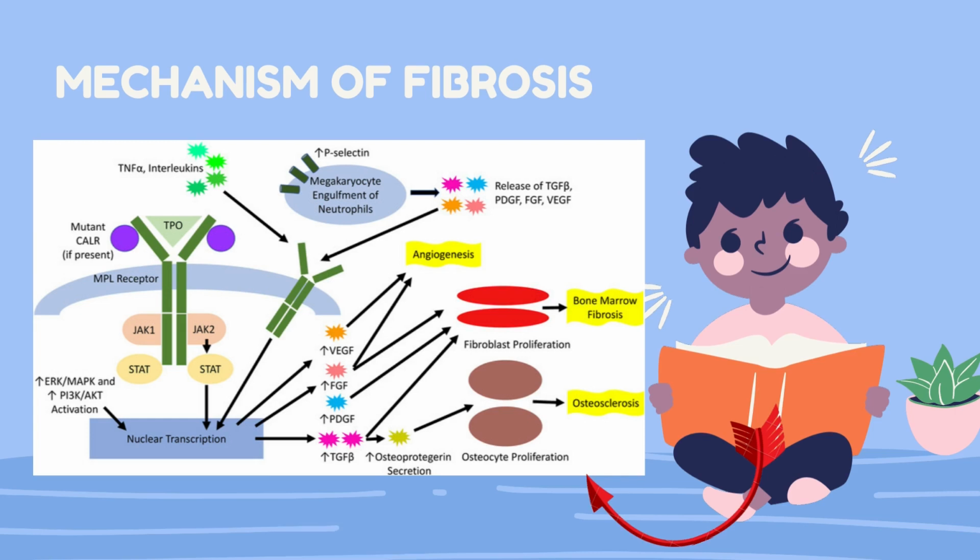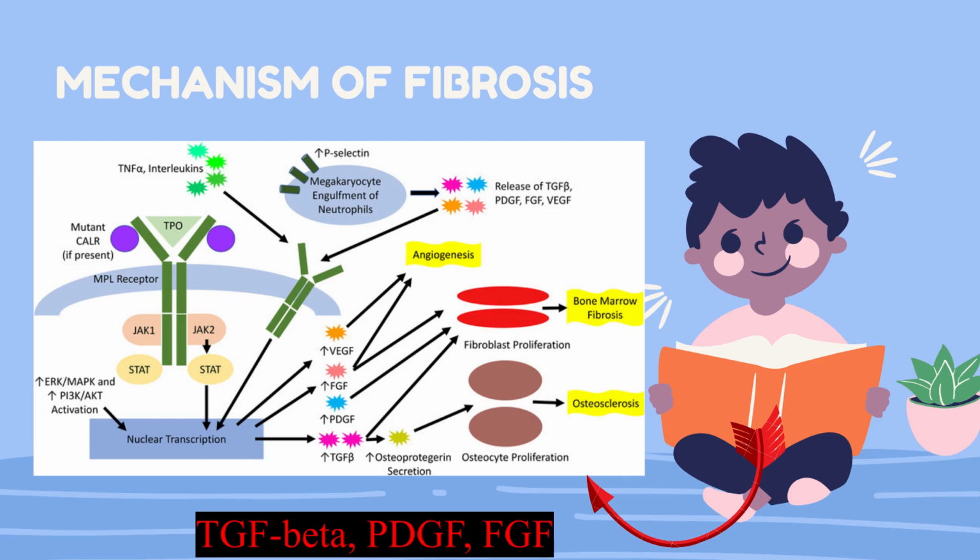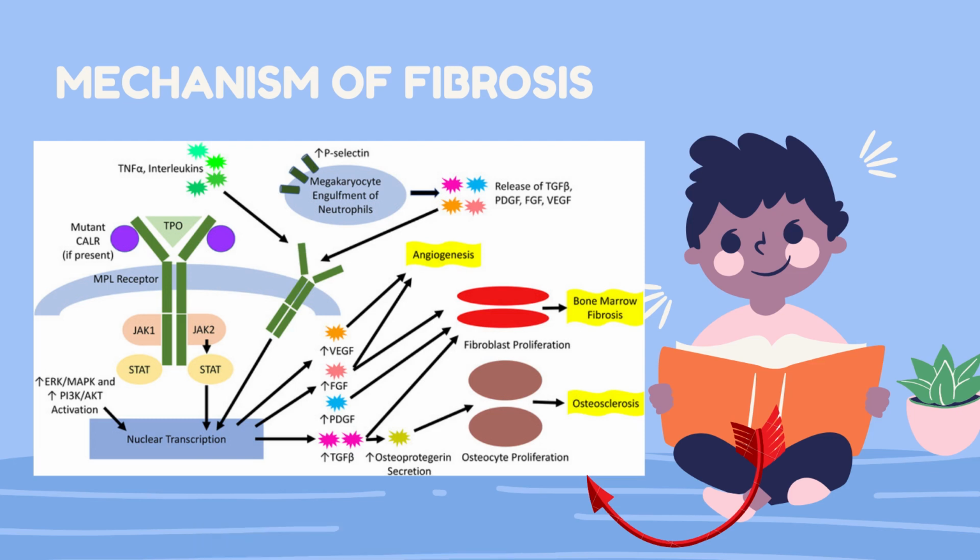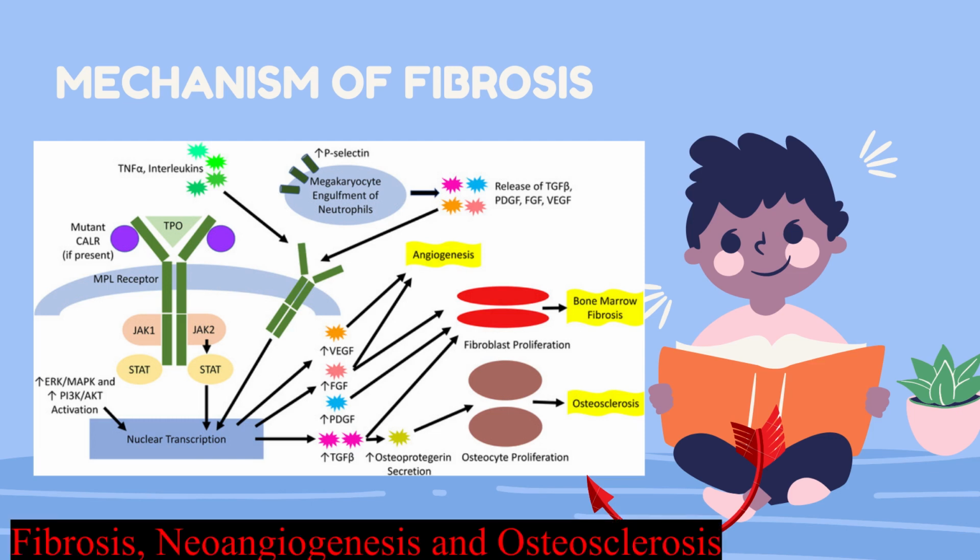The altered expression allows the P-selectin to mediate the engulfment of neutrophils and eosinophils into the cytoplasm and stimulate the release of cytokines such as transforming growth factor beta, platelet-derived growth factor, and fibroblast growth factor from the granules of the engulfed cell. The activated cytokines then lead to fibrosis, neoangiogenesis, and osteosclerosis.